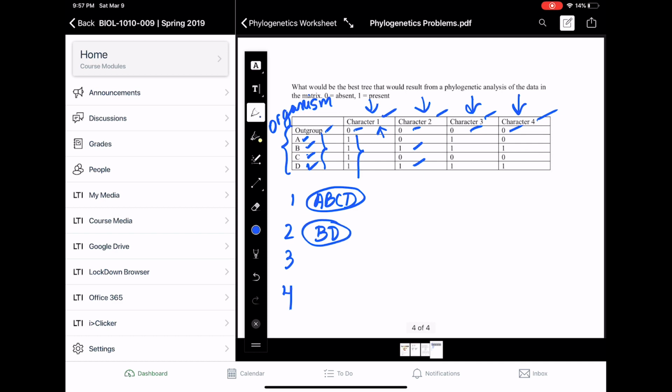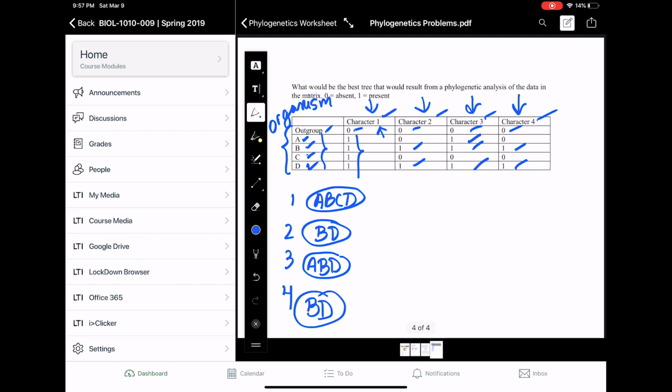And then character number 3, we see that A, B, and D have that character. And then we see character number 4, and we see that B and D have that character. All right, we have all the information now translated.